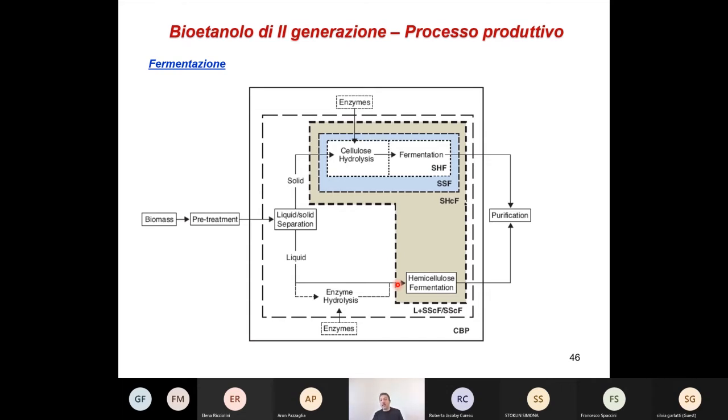The last one, there are also some combinations here, but just to underline the last possibility: these are the 4 main processes, but of course research always tries to create new pathways that are better in terms of efficiency, sustainability, energy consumption and so on.